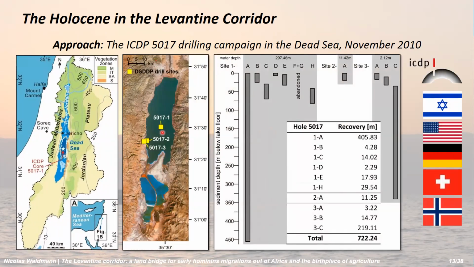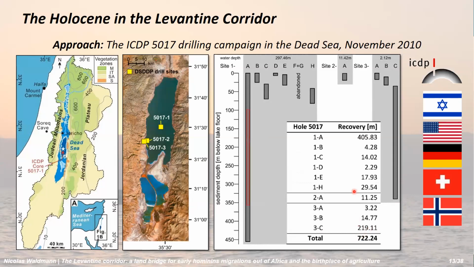These are the locations of the drilling, at three different sites with two major ones. Site 1A was the major one, where we cored 450 meters, and the other one, site C, we cored around 330. In total, more than 700 meters of core, and several countries, Switzerland among them, were members of this scientific consortium.